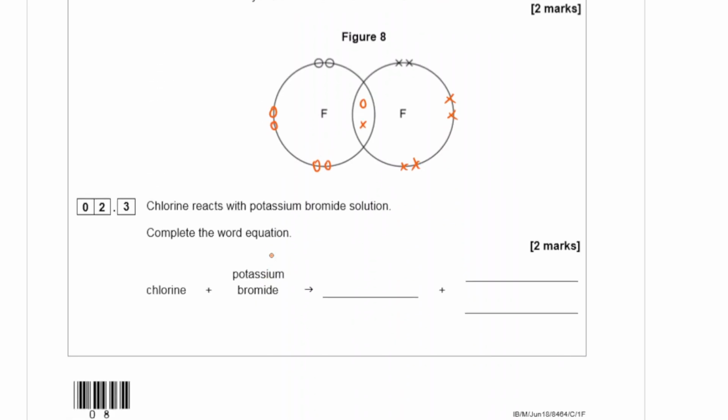Chlorine reacts with potassium bromide solution. Complete the word equation. Now, chlorine is more reactive than bromine or bromide. So chlorine will actually displace the bromide to form potassium chloride. So here they have only given you one line, so it will be bromine.